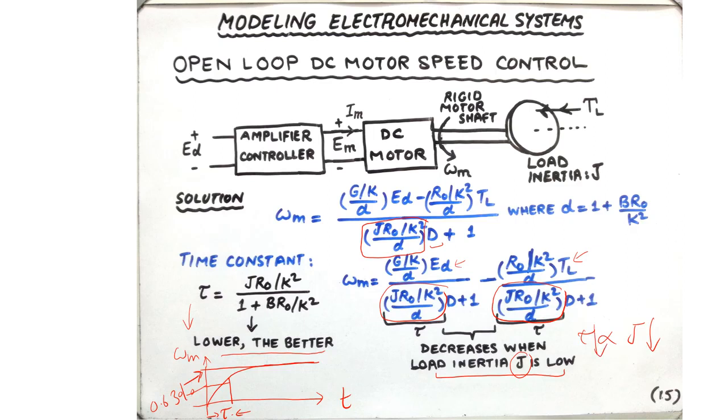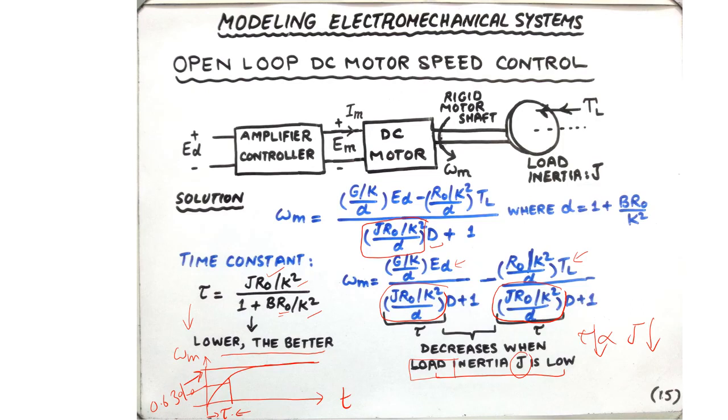But sometimes it is not possible to reduce the load that the motor is supposed to rotate. So alternatively, we can reduce the amplifier resistance R0, but then again it also appears in the denominator, so we'll have to be a bit careful. The other possibility might be increasing the motor torque and the speed constant, but again the same problem.